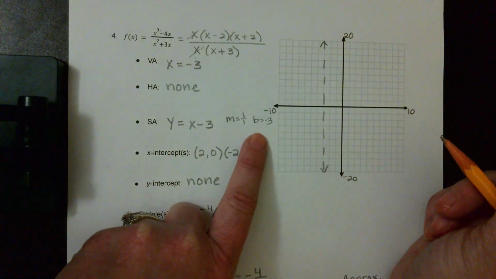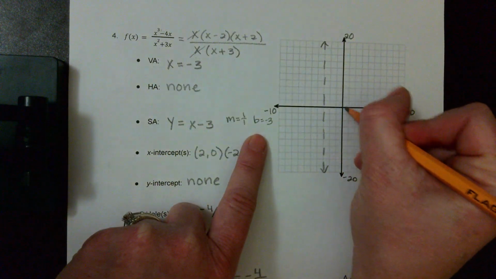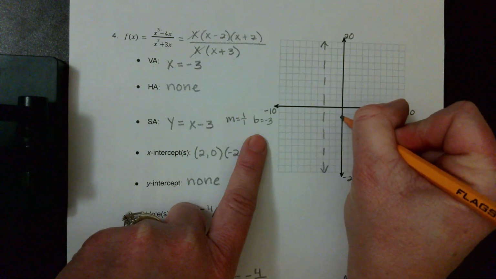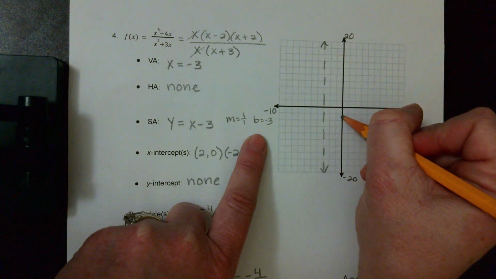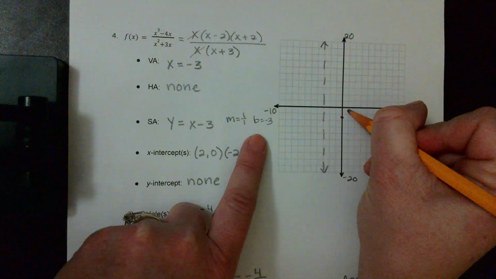So the way I think of this is I begin at negative 3. This was 2. This will be 3. And then I need to go up 1 and right 1.